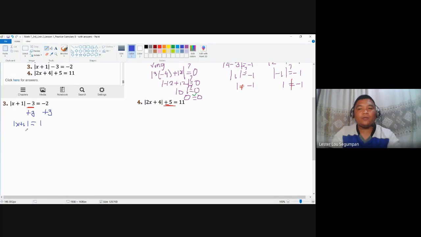This is another form of the example here, and the two cases can be applied now. Case 1: x plus 1 is equal to positive 1, not 2 anymore. And case 2: x plus 1 is equal to the negative of 1, because we already added 3 to both sides. Again, do not apply the cases directly if we have expressions outside the absolute value notation.